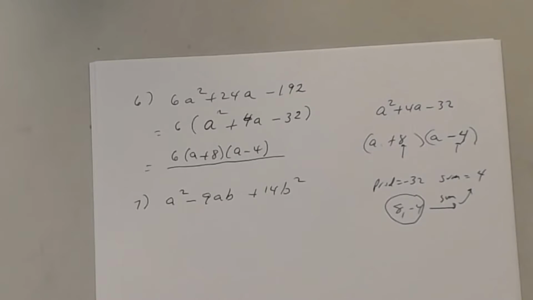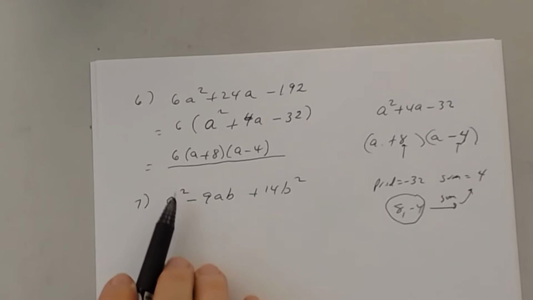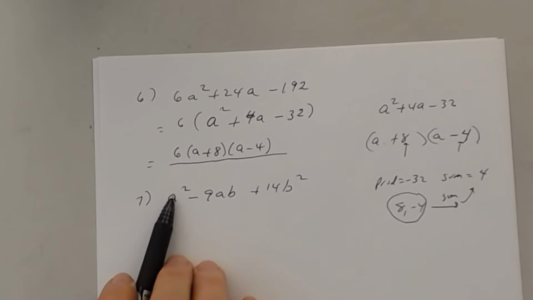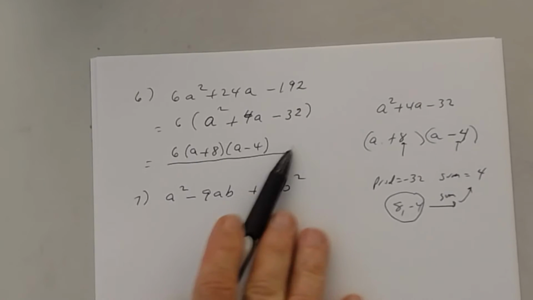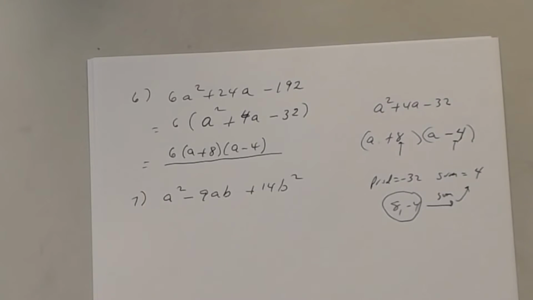Now you have 2. But still, notice that the leading term, A squared, has what coefficient? 1. So that's the easy kind still. We're going to do the same idea, except we have to be aware that there are 2 variables.